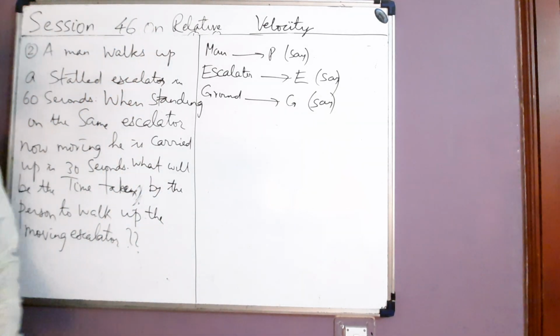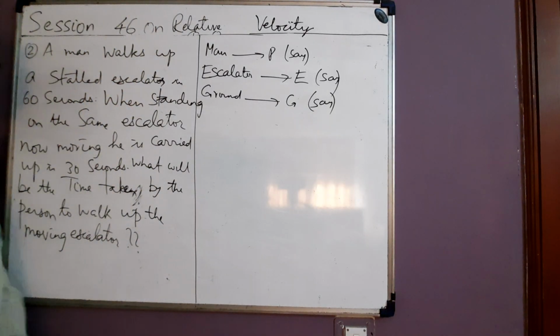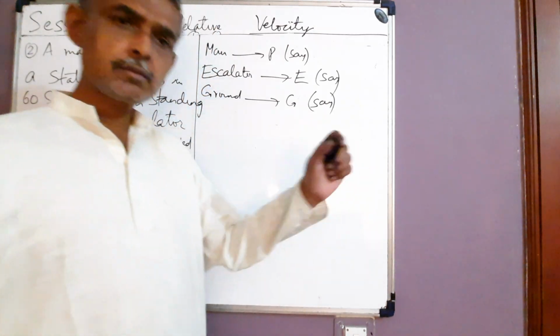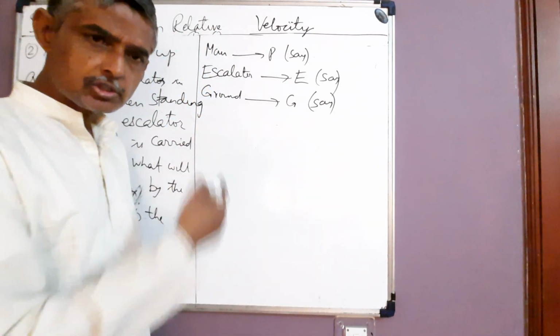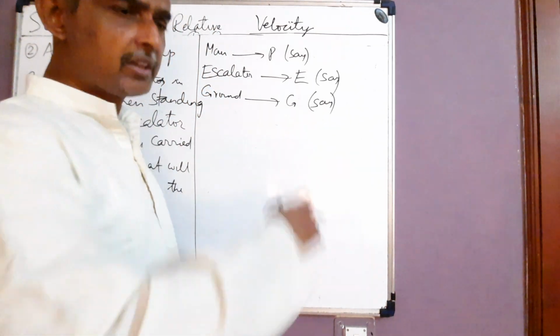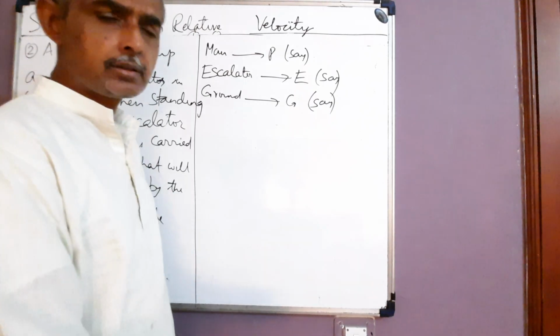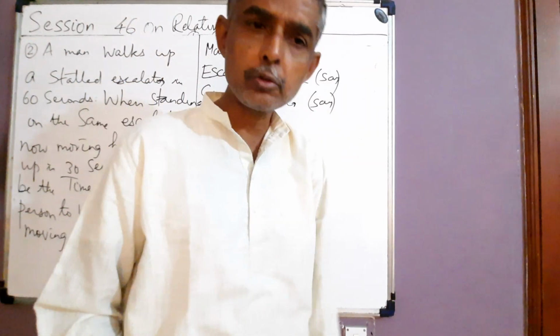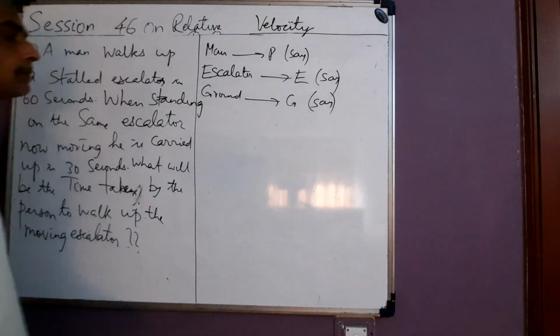Escalator, I hope you know, is well known. Moving stairs which you see in airports, railway stations and malls. You can just stand on the moving escalator to take you upward, or it may carry you downward, whatever it is.